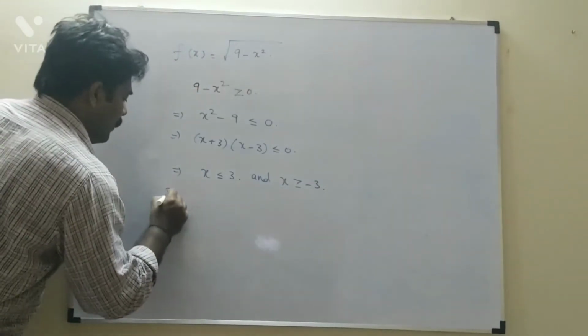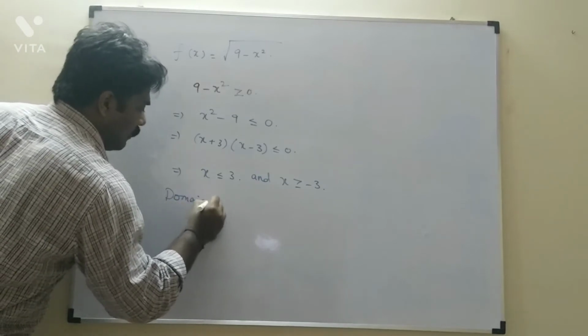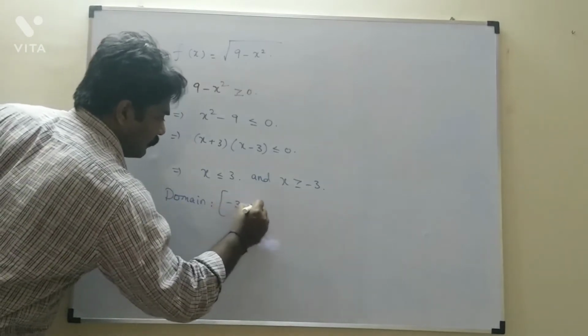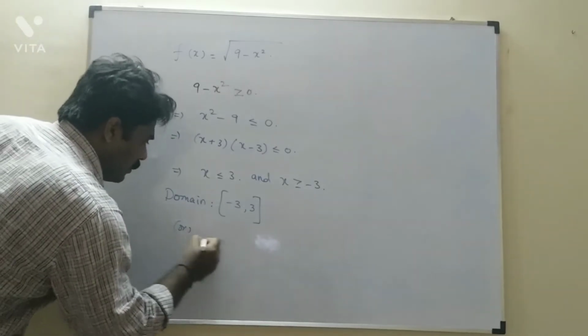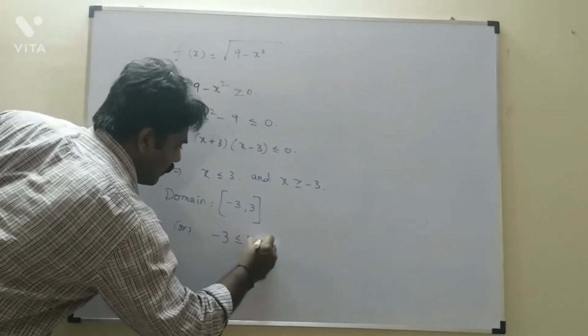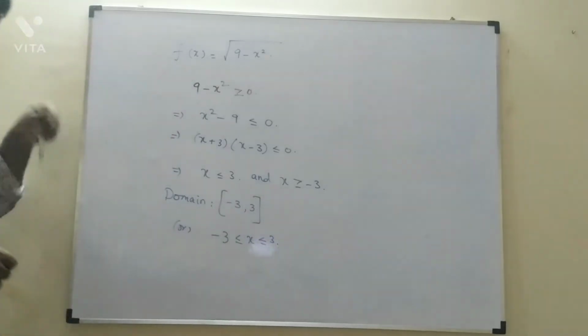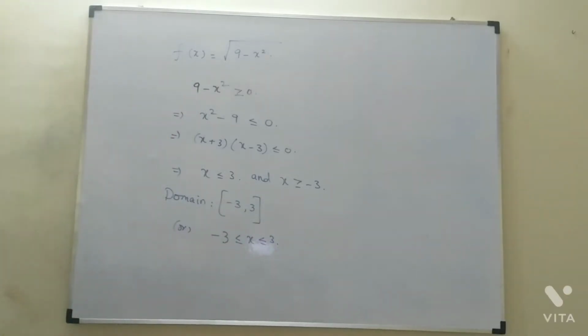So my domain would look like this, closed interval of minus 3 comma 3, or I can also write minus 3 is less than or equal to x less than or equal to 3. So this would be the domain of the given function.